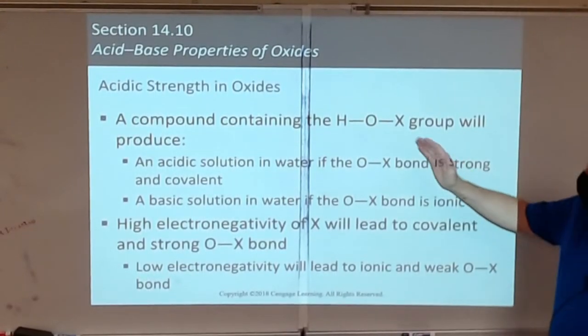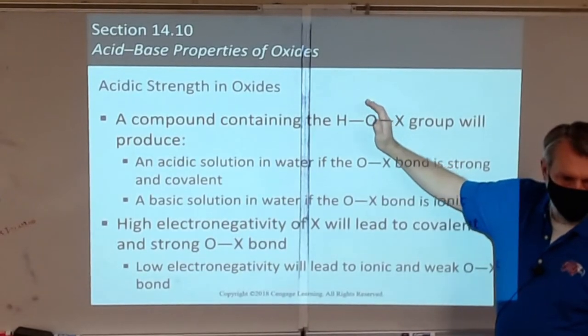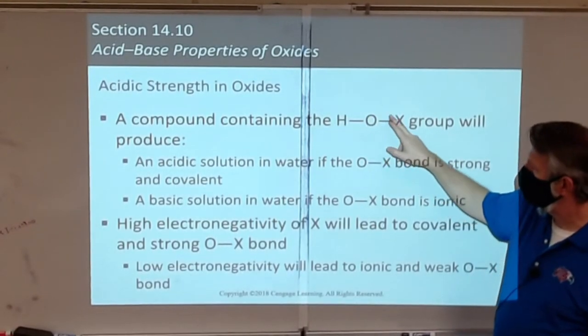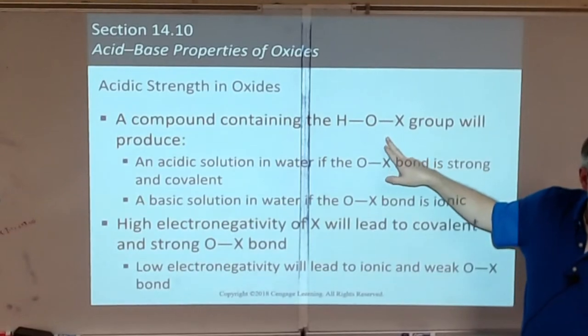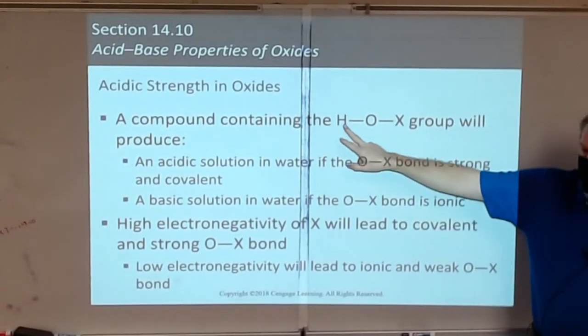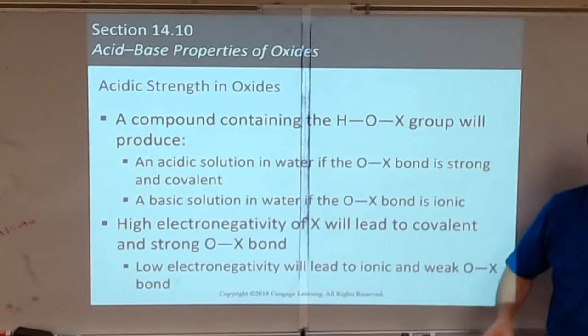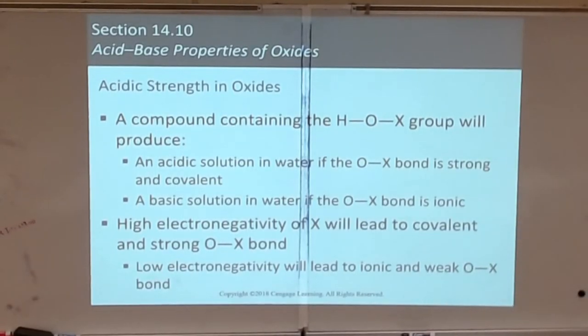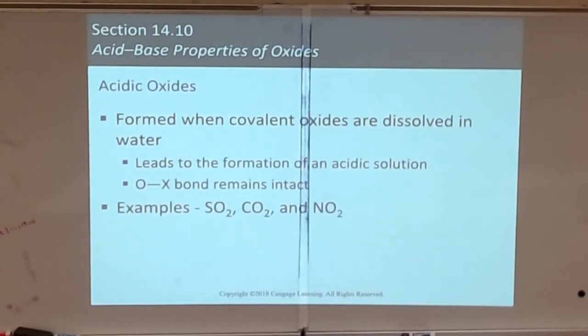If that's ionic, what do I have left? If this is an ionic bond, that's going to form... Okay, let's see. Low electronegativity leads to ionic and weak O-X bonds.